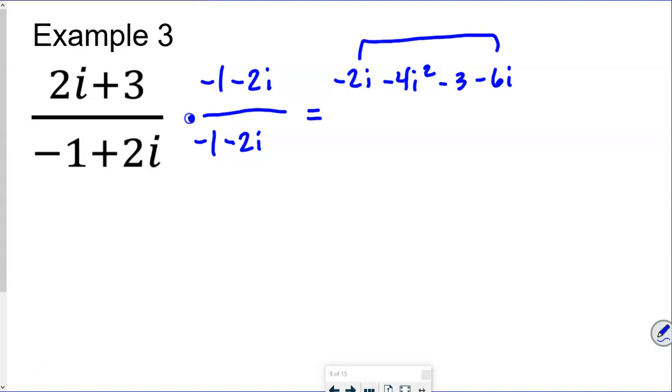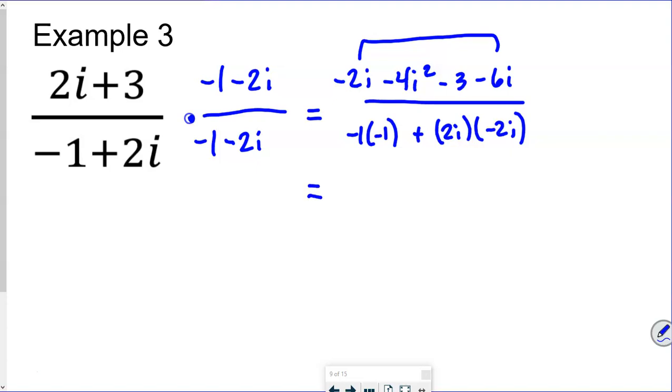So hopefully you notice where our like terms are. They're right here, okay? And then on the denominator side, again, we're going to do our negative 1 times negative 1, minus, well, we'll just do plus 2i times negative 2i, right? Again, you can square those. I don't care which way you do it. So let's simplify the top. That's going to give us negative 3. I'm just going to leave the negative 4i squared next to it because we're going to change that to a negative 1, and we're going to end up adding that 4.